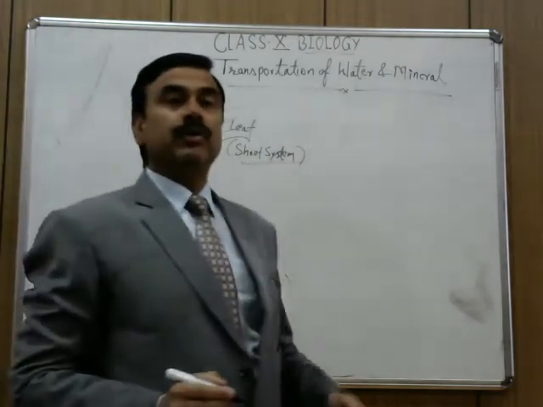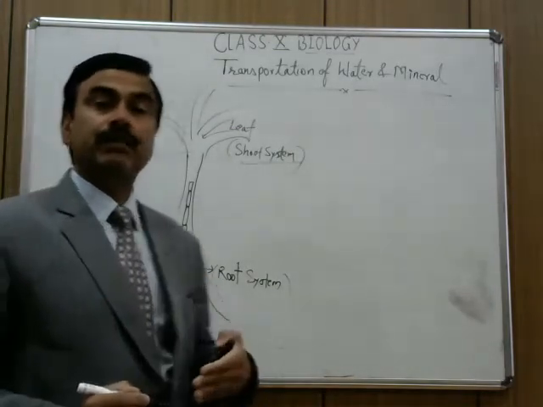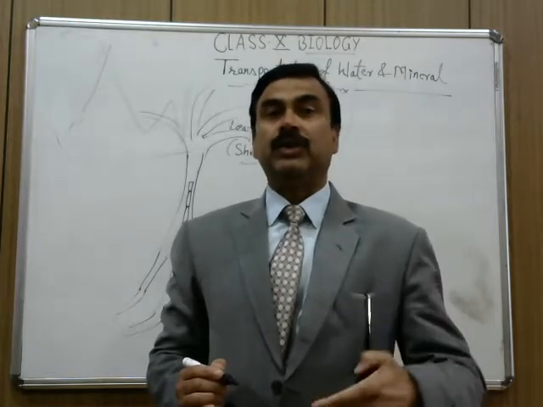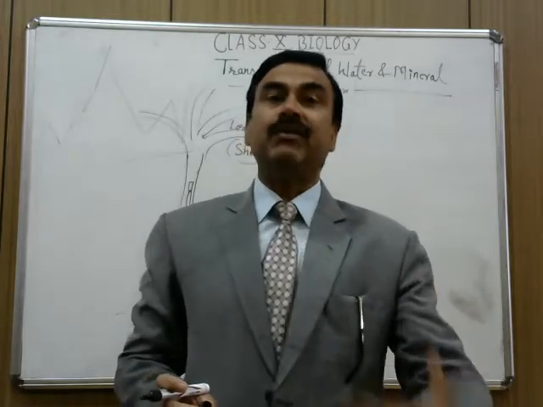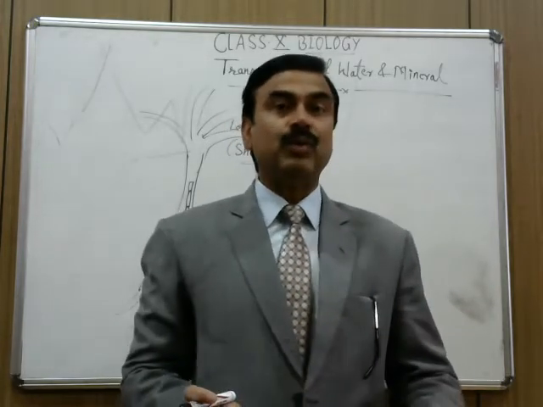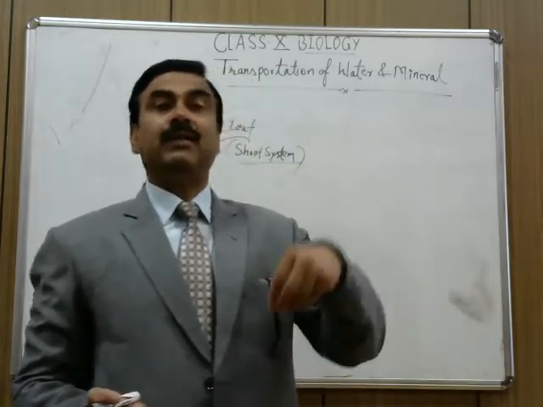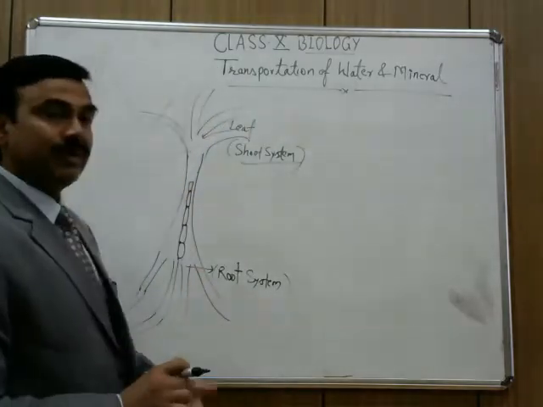As you have heard one proverb, water the root, enjoy the fruit. Water always rises from the root hairs, from the root. You should not be confused that water moves in the plants through the stomatal pore. No, water always rises from the root system.